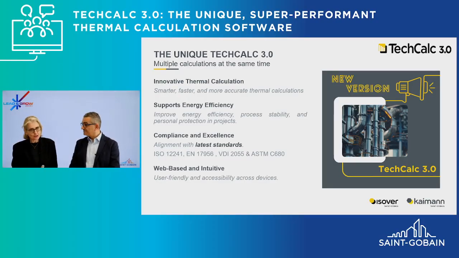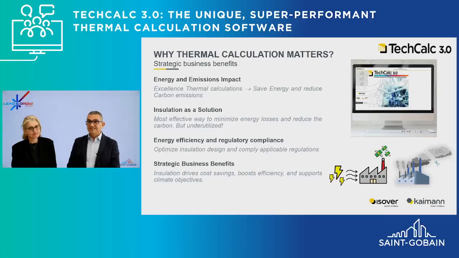So why is thermal calculation so important nowadays? The question is why thermal calculation matters. Thermal calculation is crucial to reduce energy consumption and, of course, the CO2 emissions in industry.